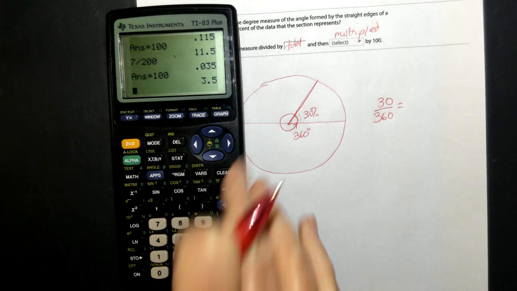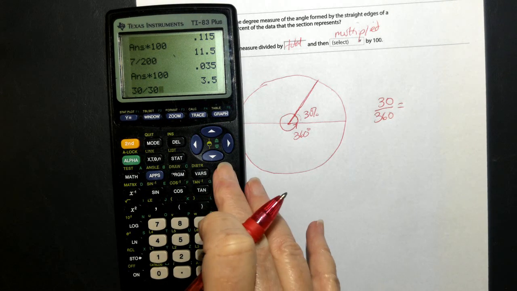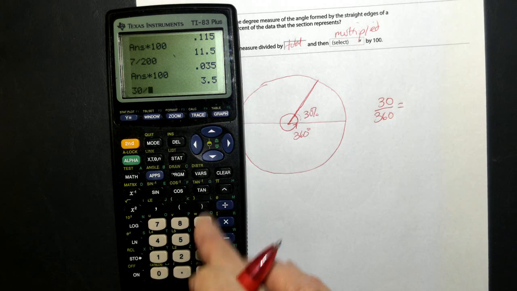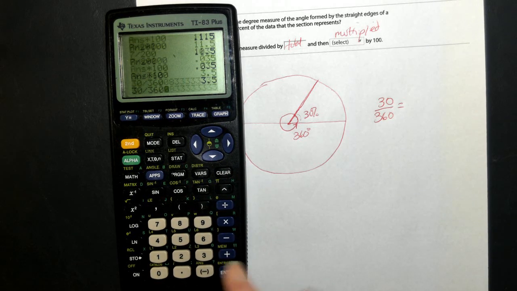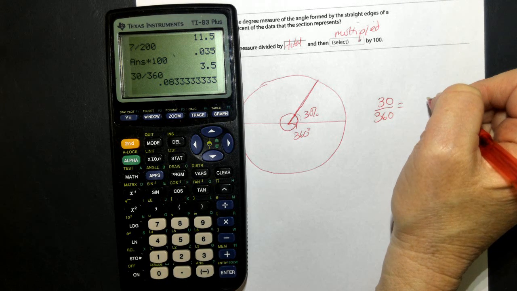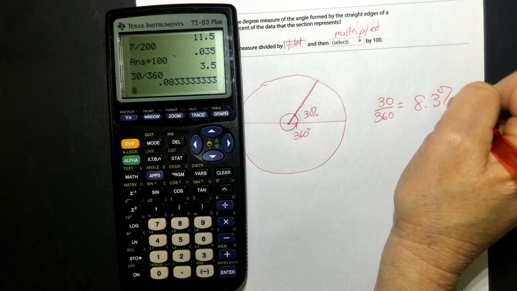As an example only, 30 divided by 360, and that one represents 8.3% of the pie.